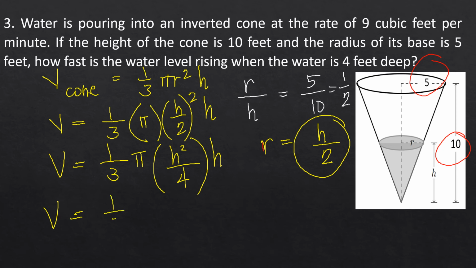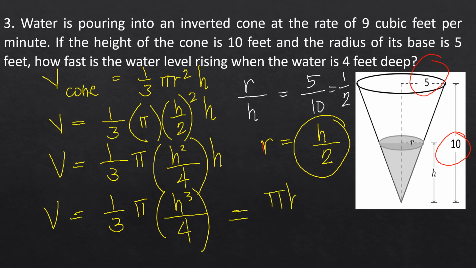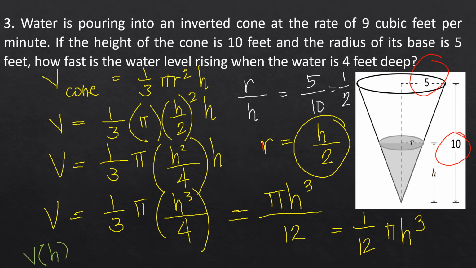So volume is equal to 1/3 pi h cubed over 4, so we have pi h cubed over 12, or can also be written as 1 over 12 pi h cubed. Sa madaling salita, ito na ang tinatawag natin volume of the cone with respect to height. So V of h is equal to 1 over 12 pi h cubed.